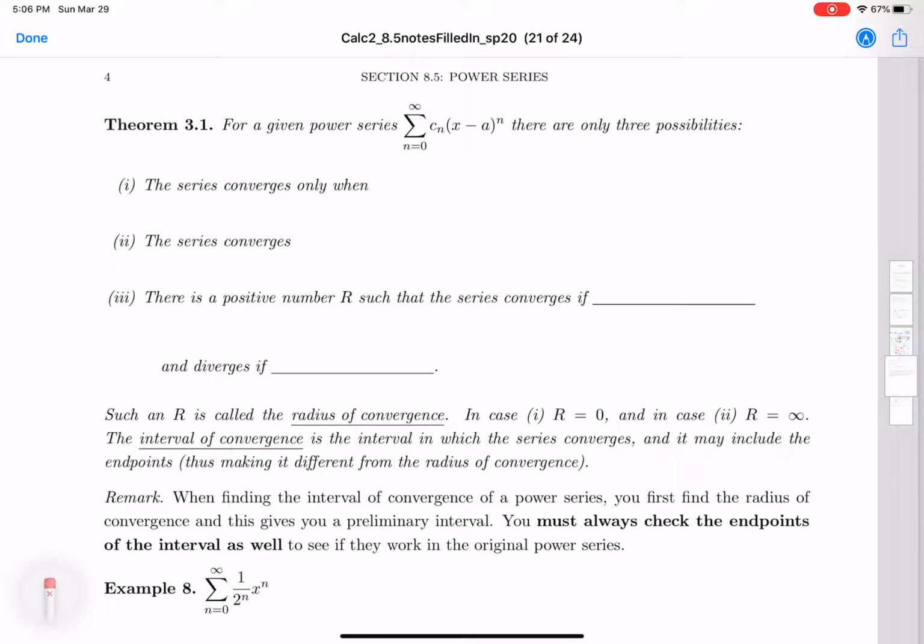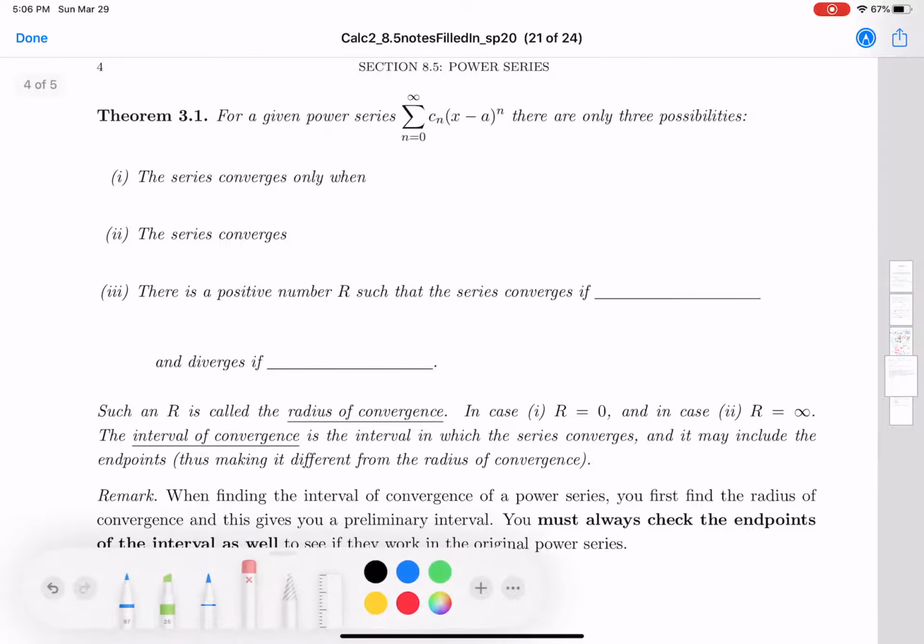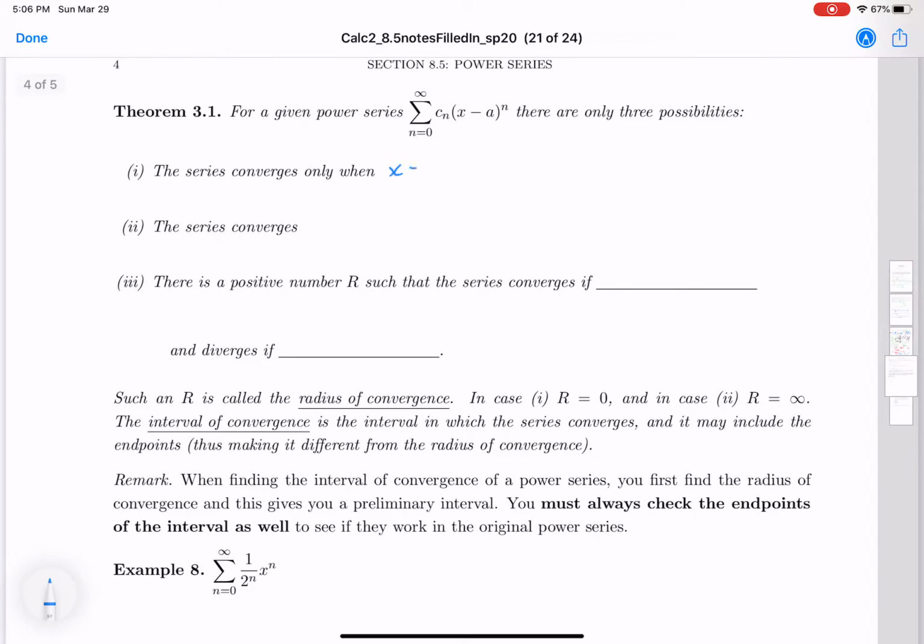First one is that the series converges only when x is equal to a. So if you think about it, when x is equal to a, this makes all terms equal to 0 except the first.